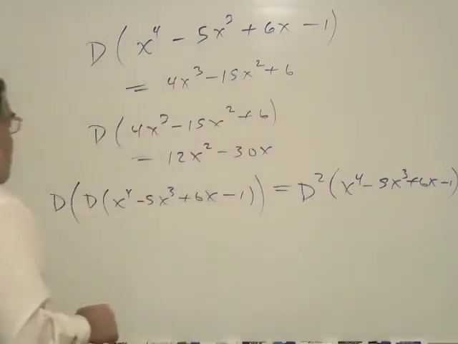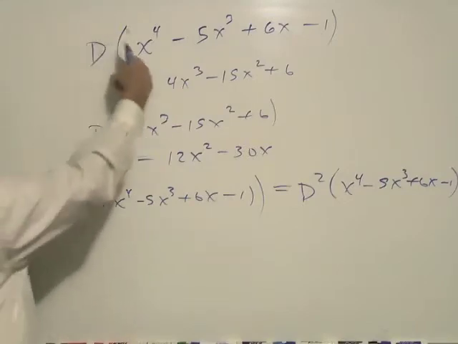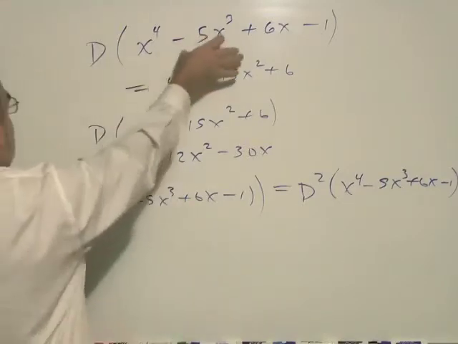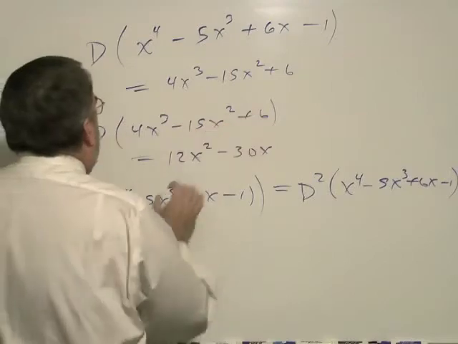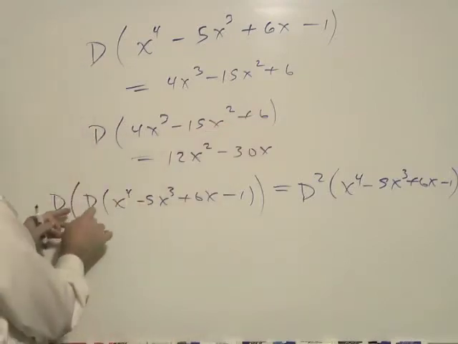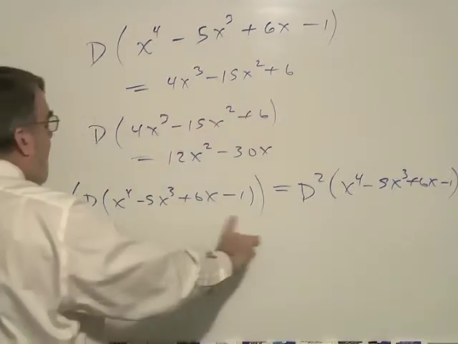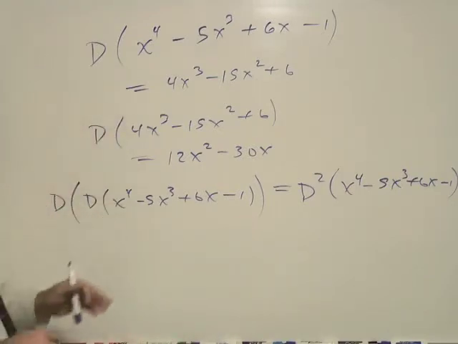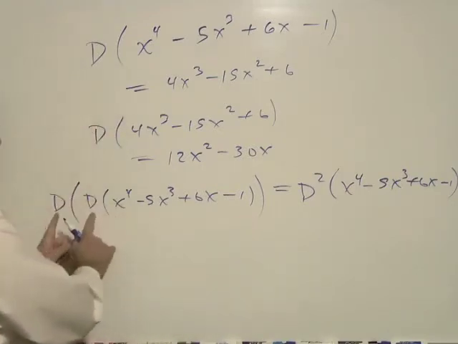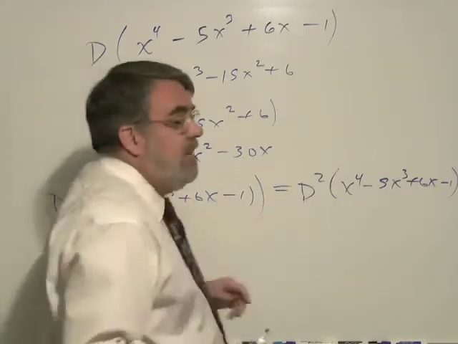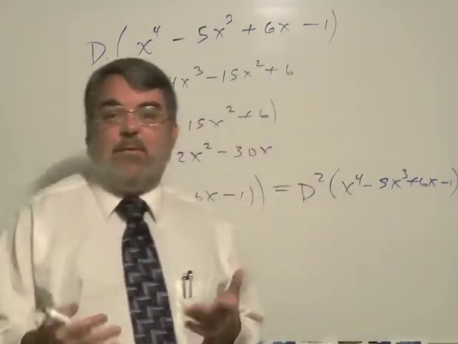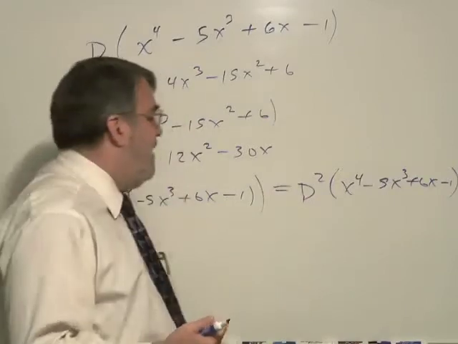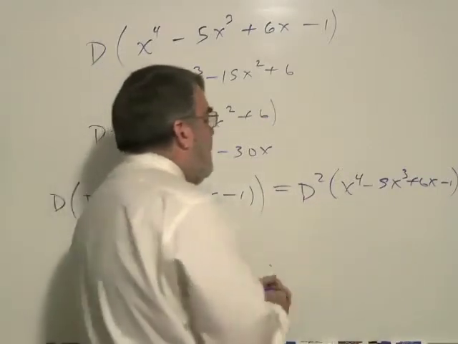Because of what happened up here, we first operated on the function, then we operated on that. So in a sense, we were operating on the operation on the original function, D of D. And let's call that, for convenience, D squared. And so D squared, let's interpret as the second derivative.